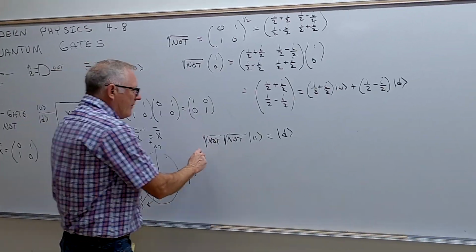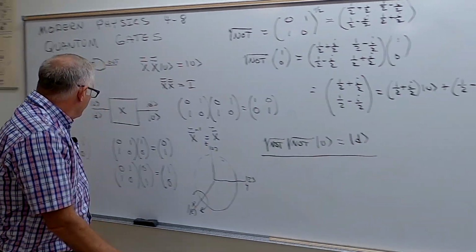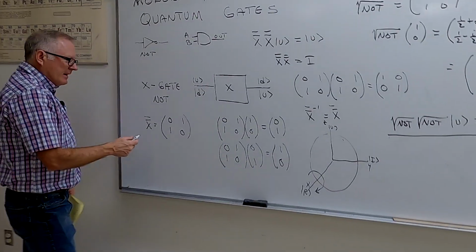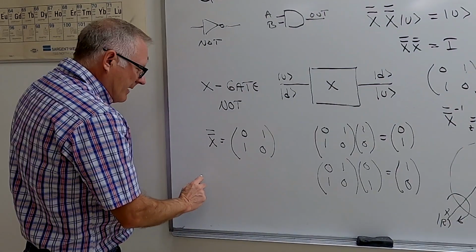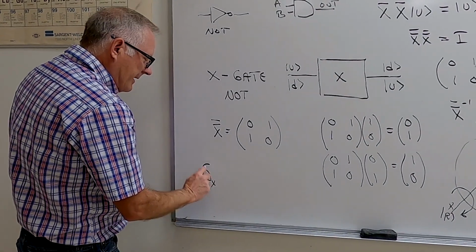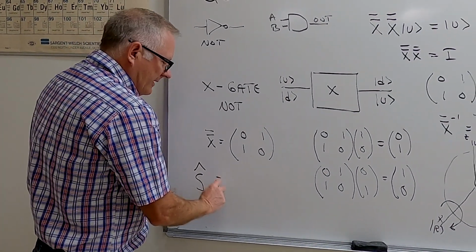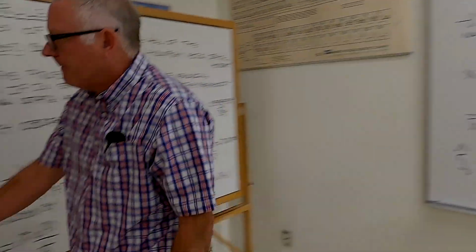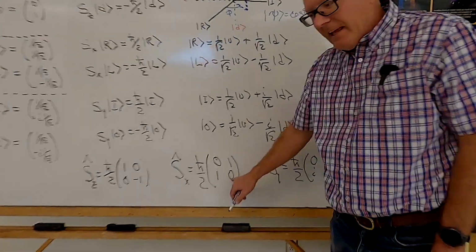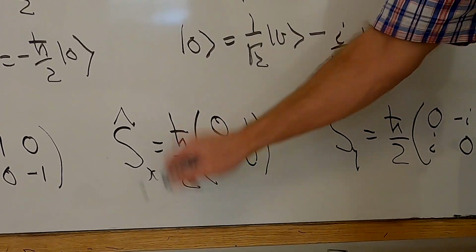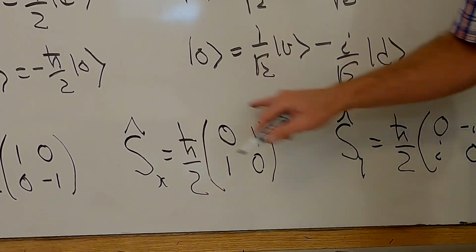The reason why they call this the X gate is because it's very similar to my S sub X. Remember my S sub X? Matter of fact, I have it right here. It looks just like that, except here we have the h bar over 2. Take away the h bar over 2, and that's my X gate.